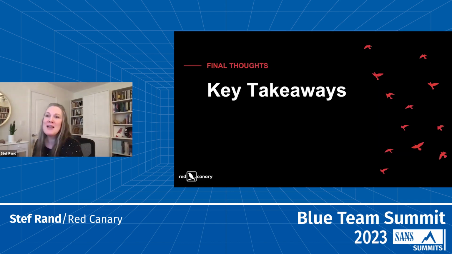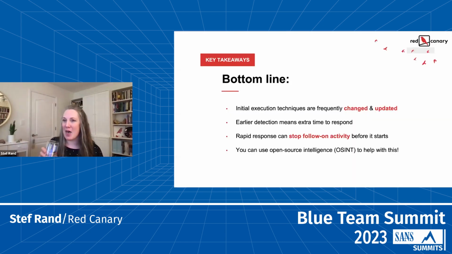All right, so as we come to the end of our content, what are our key takeaways? Let's go back to that bottom line that we had earlier. As we talked about today, initial execution techniques are very frequently changed and updated because those changes and updates, that detection evasion, gives adversaries a lot of bang for their buck. But if you can stay out in front of it, if you can keep up with it and have that earlier detection, that gives you extra time to respond.